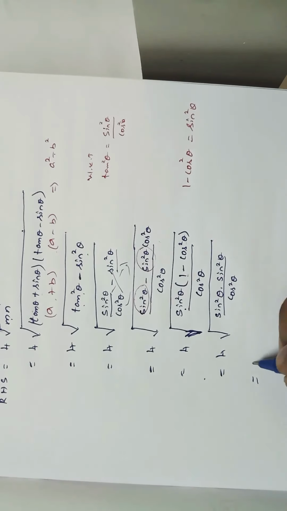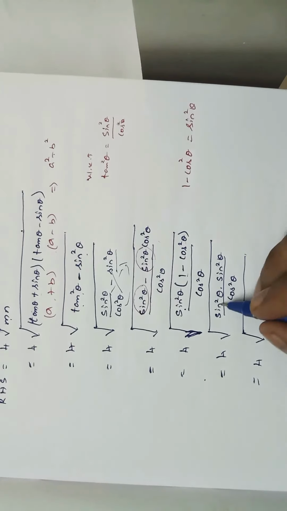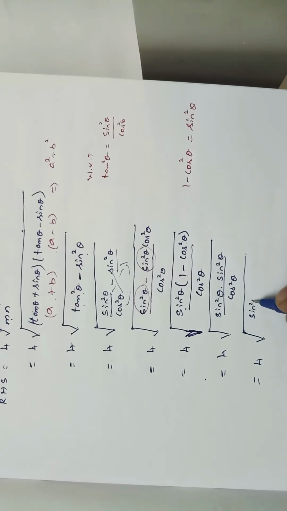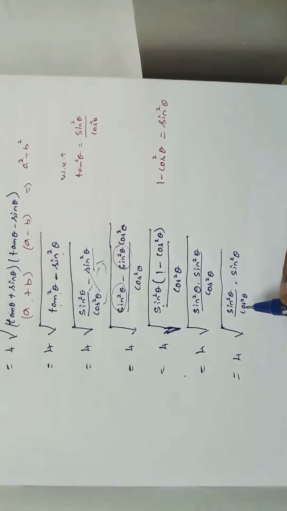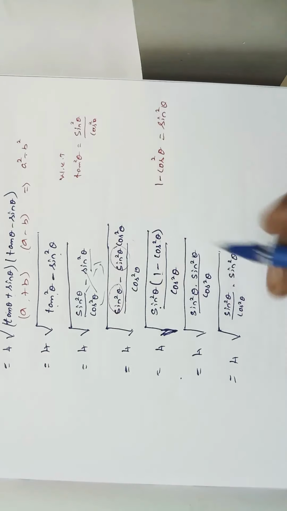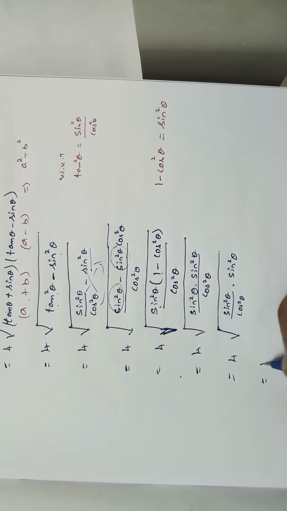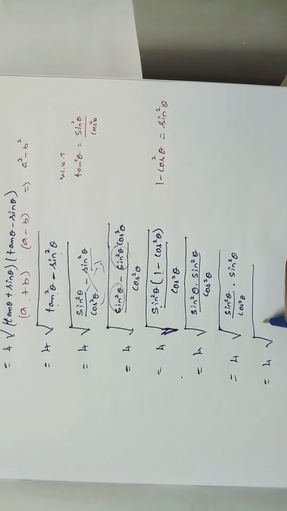So it is 4 into square root of sin square theta divided by cos square theta into sin square theta. Sin by cos is nothing but tan. Sin square theta divided by cos square theta is nothing but tan square theta. So 4 into square root of tan square theta into sin square theta.